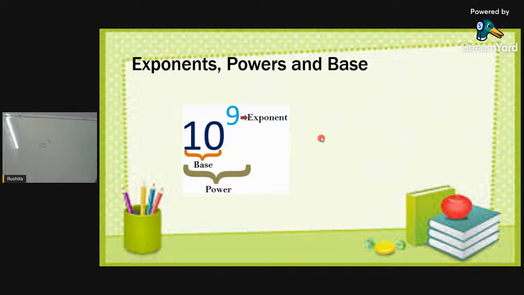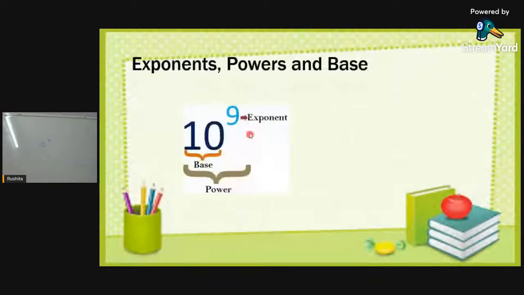Now, the number which is a normal number, I mean, is bigger in font size, and is also having a number above it, that is called the base. Right, that's called the base. If you can see in the picture also, they're saying this is called the base.